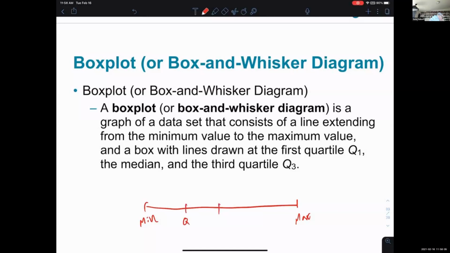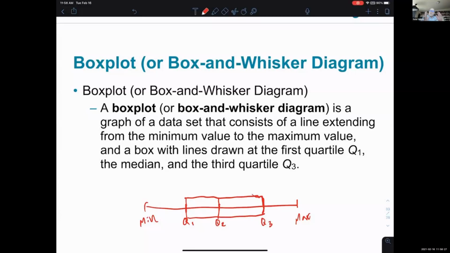Let's say the median is here, which is Q2. And then let's say Q3 happened to be over there. Then what you would do is you would draw lines across these and you would draw a box. And that makes a box plot. And of course, StatCrunch will do that for you.